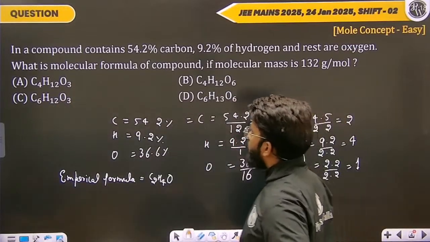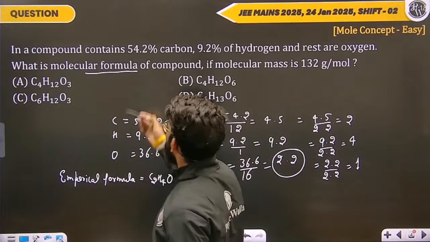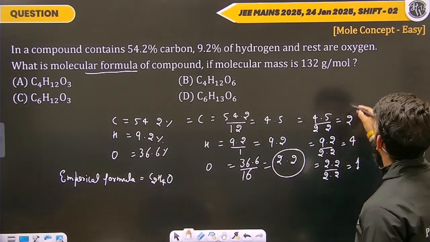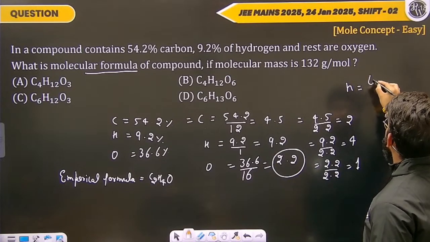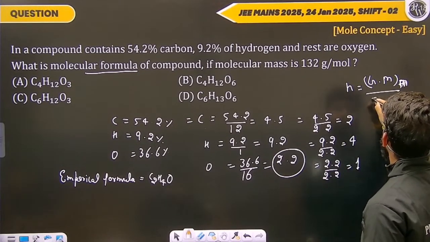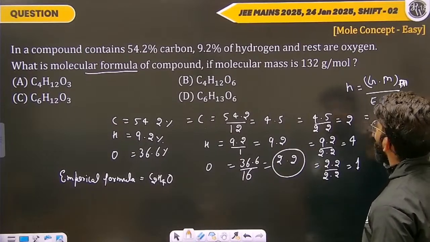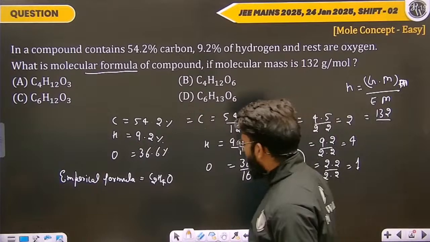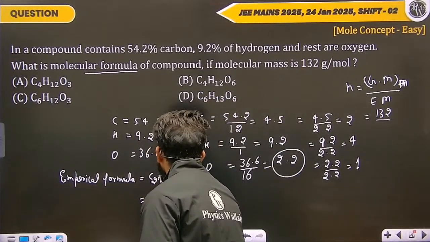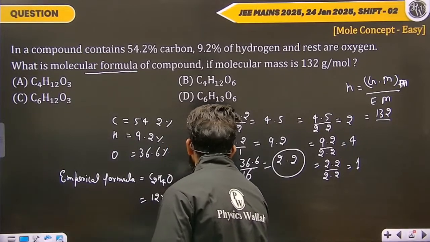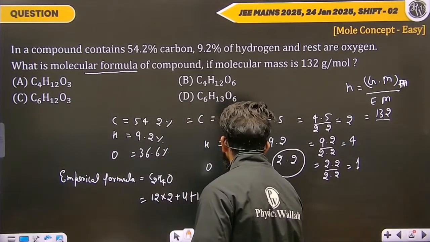Now we read the question again: what is the molecular formula of the compound if the molecular mass is 132 gram? We will find n, the given mass divided by the empirical mass. The molar mass is 132, and the molar mass of the empirical formula is 12 into 2 plus 4 plus 16, which gives 44.